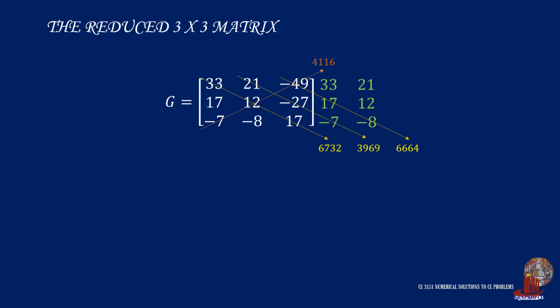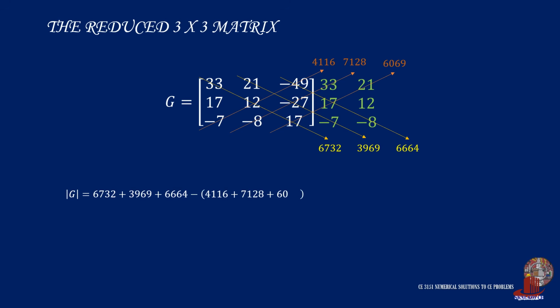The second anti-diagonal has -8 times -27 times 33, and that is 7,128. The last secondary diagonal has 17 by 17 by 21, which is equal to 6,069.